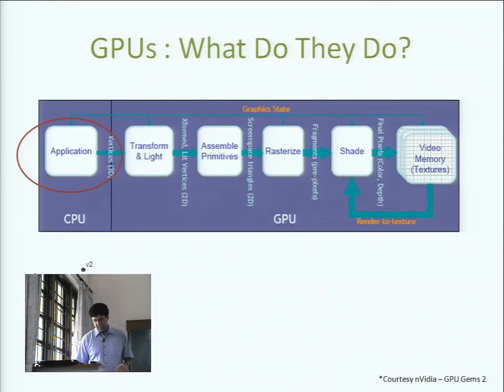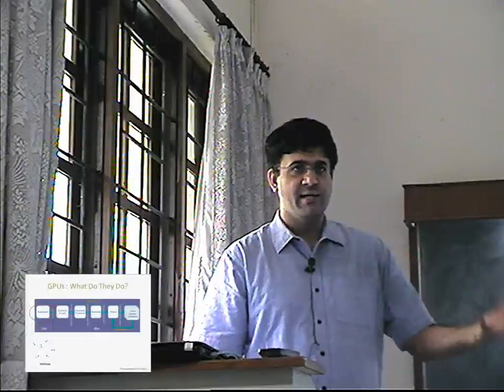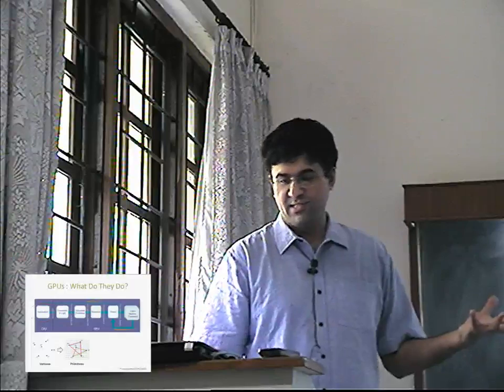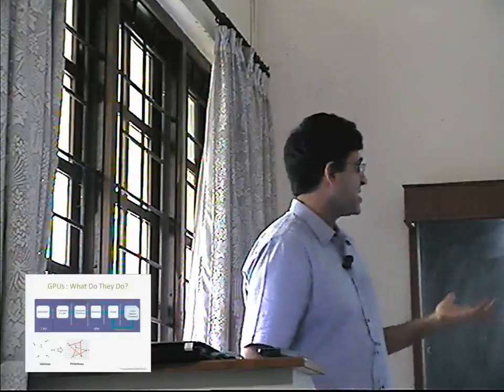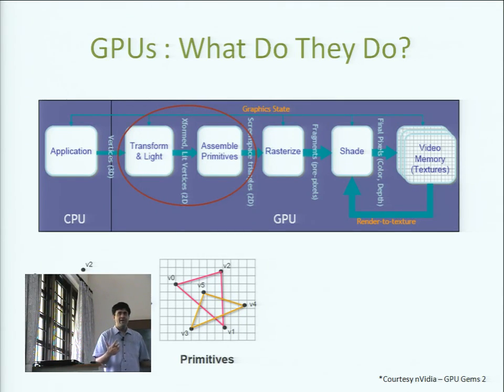Firstly, the application describes the scene as a bunch of vertices. For example, if you want to draw a square, you would say these are the 4 points I want to join by lines. The first thing you do with these vertices is transform them.